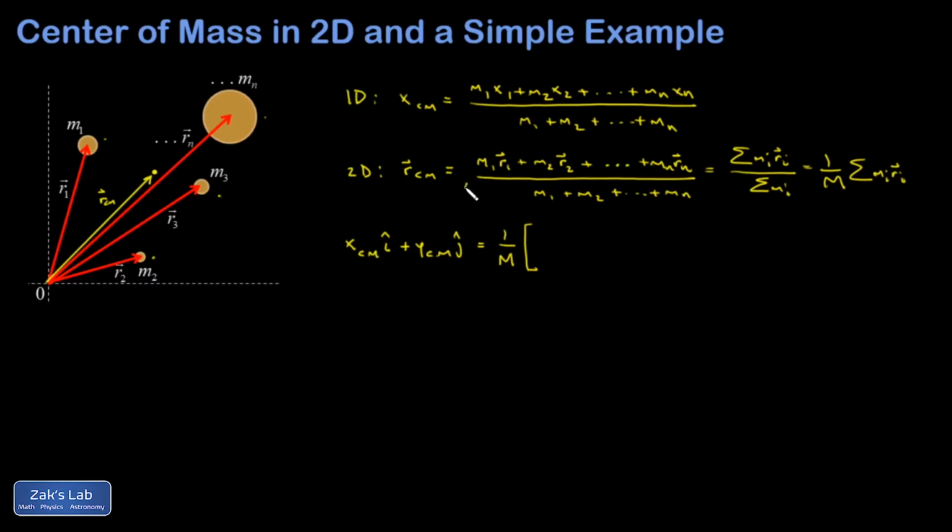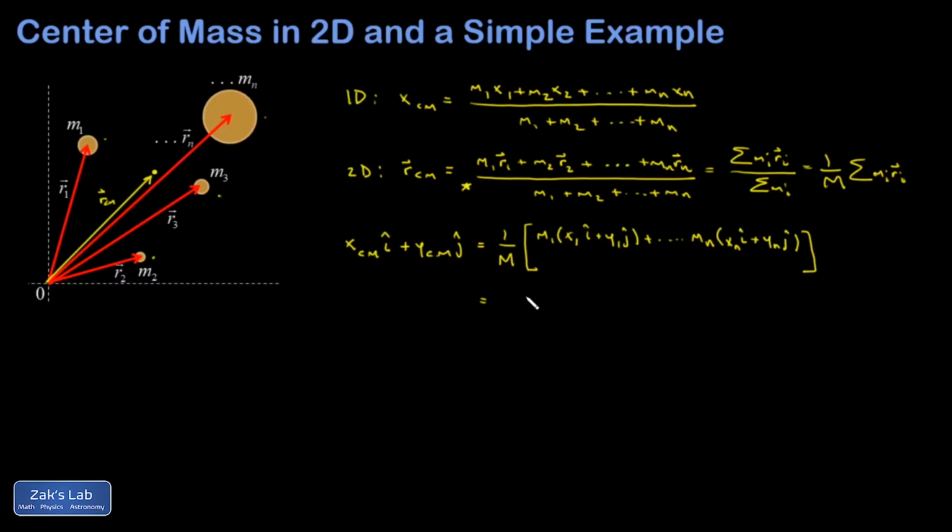I would have m1 times r1, the position of mass number 1, and that's just the x location times i hat plus the y location times j hat, plus all the way down the line to the nth mass and the x-coordinate of the nth mass, i hat, plus the y-coordinate of the nth mass, j hat.